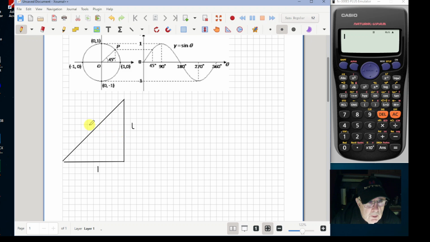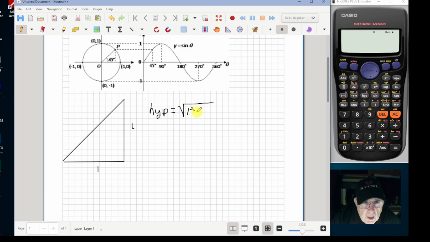And we want to be able to determine the length of the hypotenuse here, and so we can use the Pythagorean theorem, and that says then that the hypotenuse is equal to the square root of the sum of the squares of the two sides.